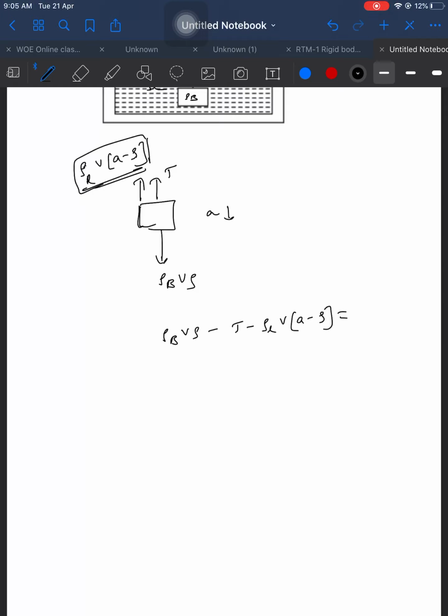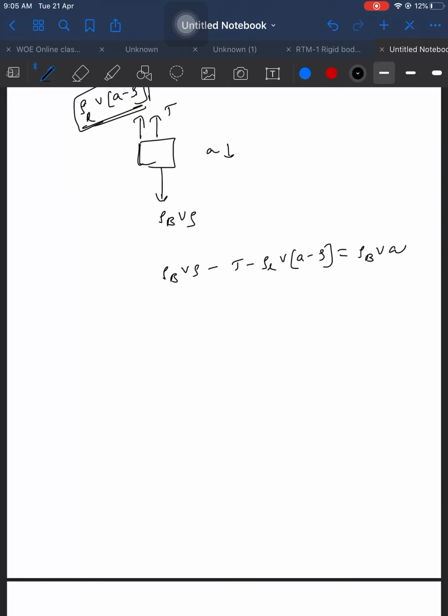net force. How do we get it? See the previous video, the fourth video, to get clarity; the net force is equal to ma, rho b into v into a. If you take it to the other side, rho b v into g minus rho b v into a plus rho l v into a minus rho l v into g is equal to tension.